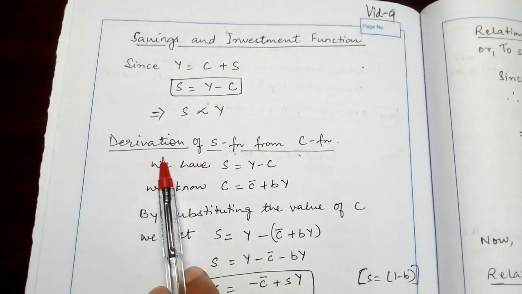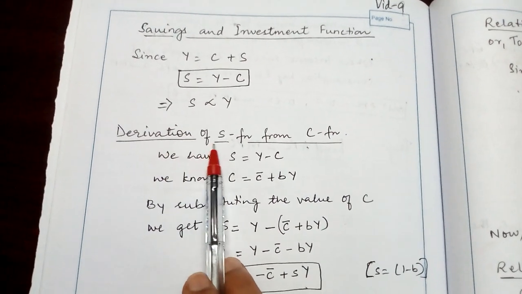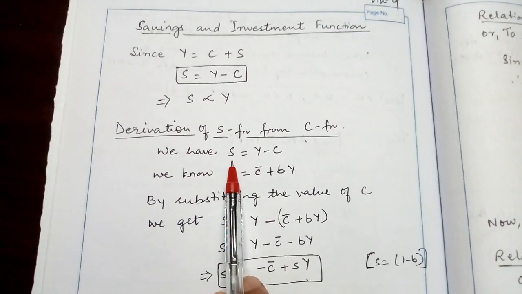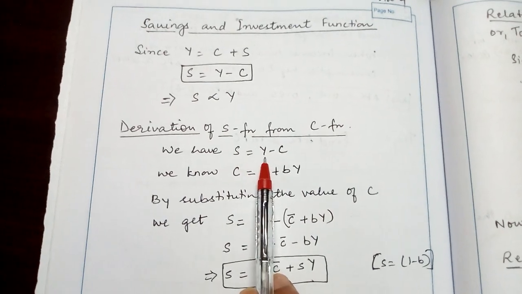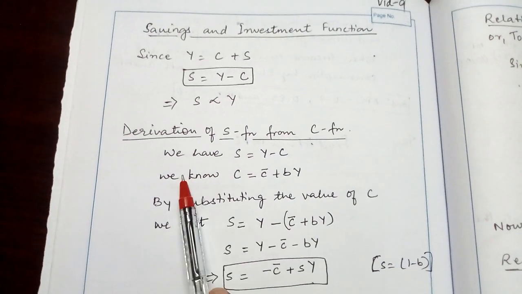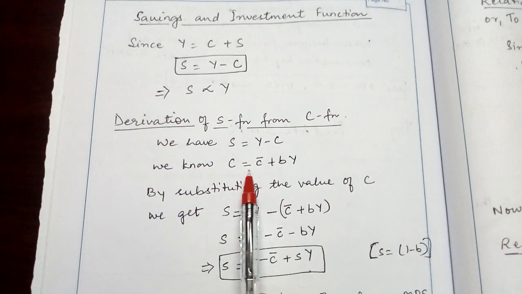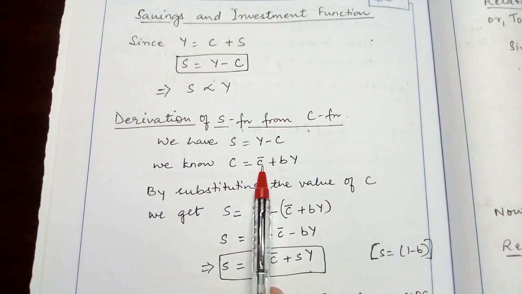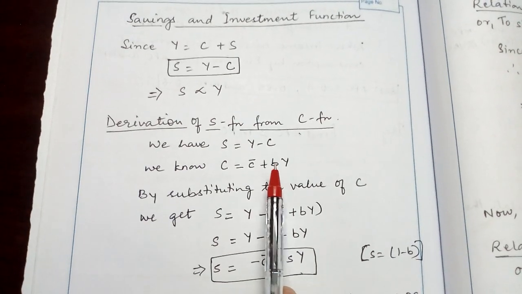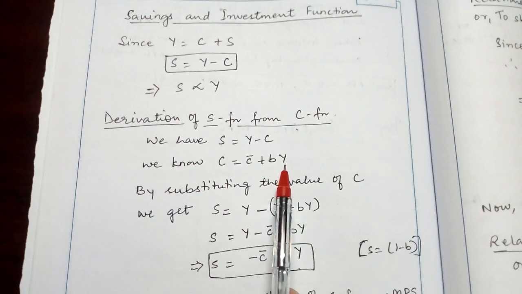In the previous video, we learnt about the consumption function. Let's now learn what is saving function. We know that saving is equal to income minus consumption. We also know from the previous knowledge that consumption is equal to autonomous consumption C bar plus marginal propensity to consume, or the slope of the consumption curve, into income.